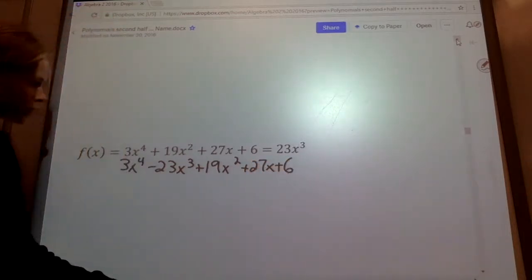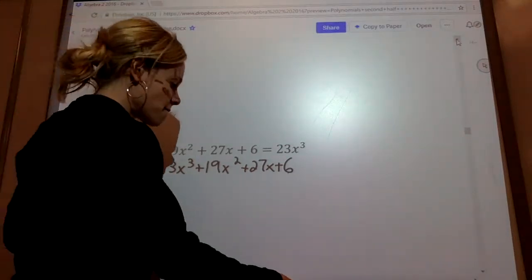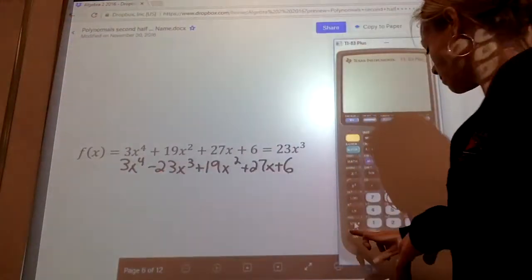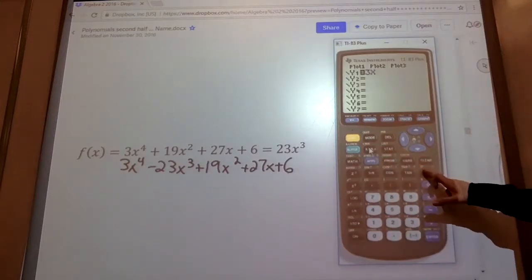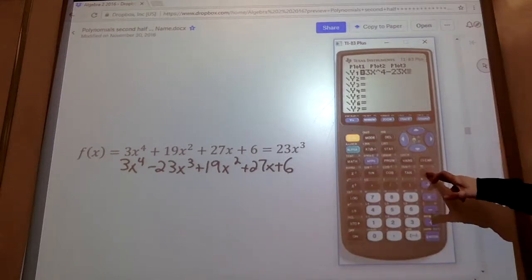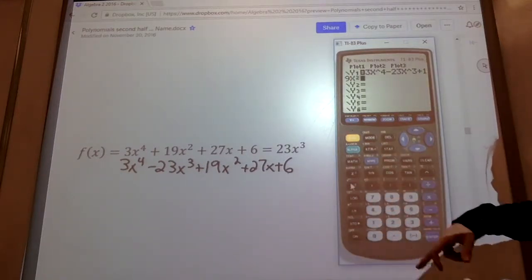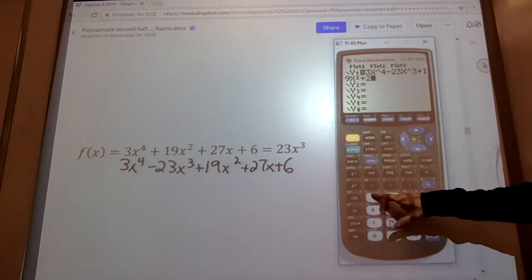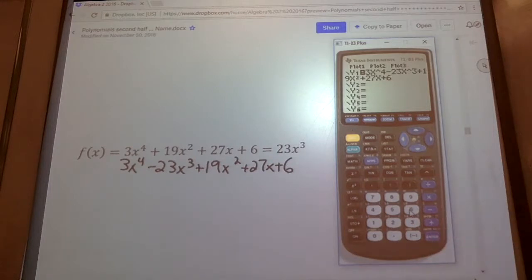And then, of course, your first step is let's graph it. Right? Let's see what we have. So 3x to the 4th minus 23x cubed plus 19x squared plus 27x plus 6.